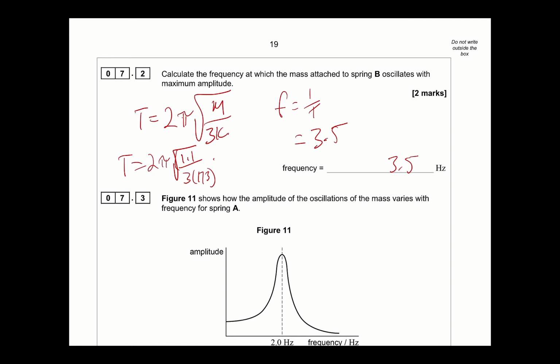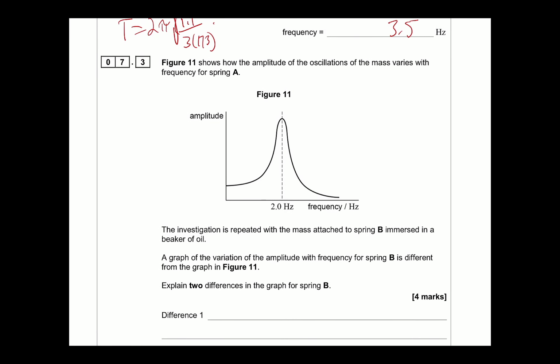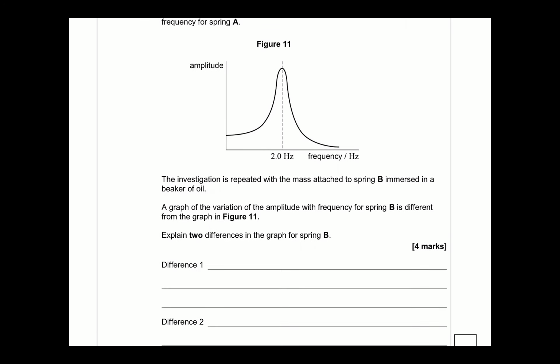Okay, so this shows how the amplitude of the oscillation varies with the frequency for spring A. Okay, so this is about damping. All right, so damping. With damping, you are going to have a different graph.